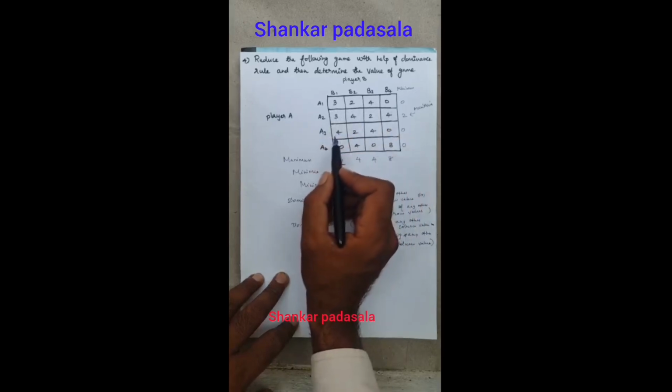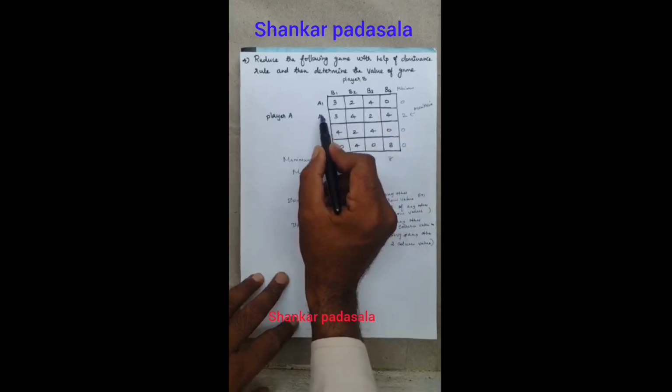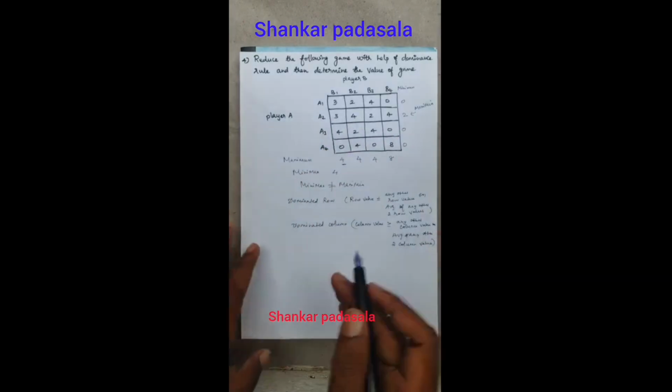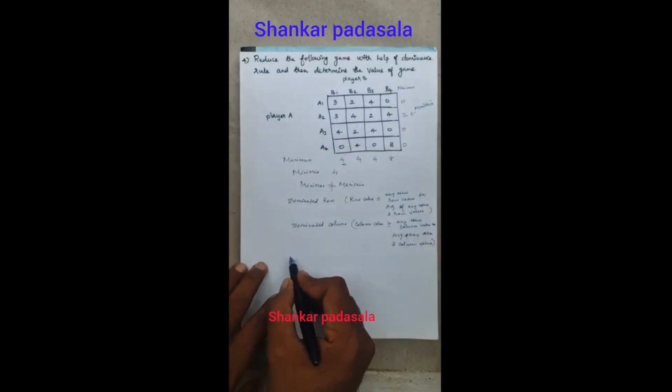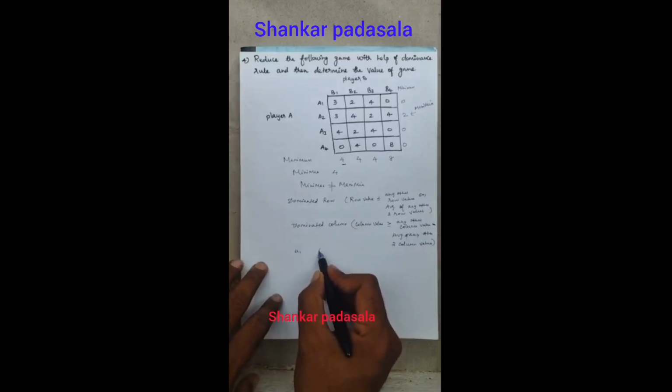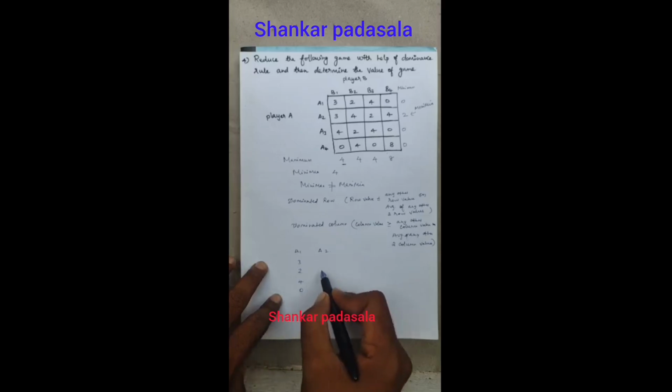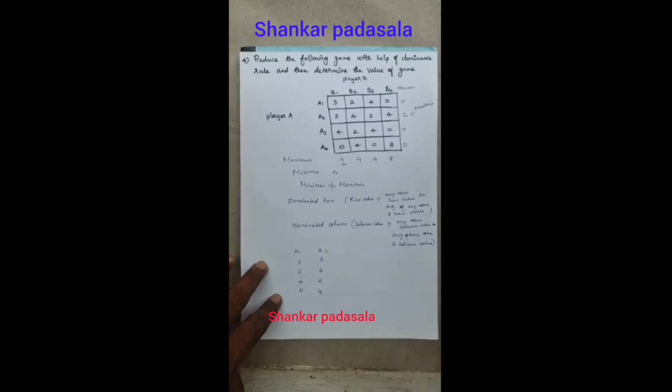I am going to compare A1 and A2. A1 values are 3, 2, 4, 0 and A2 values are 3, 4, 2, 4.